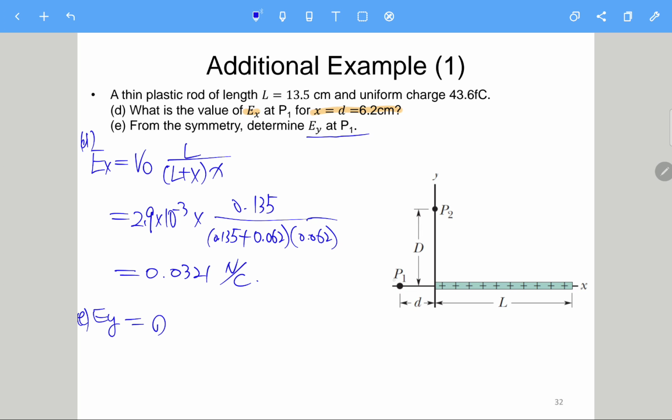You can simply imagine that there shouldn't be any y-axis component for that point, because in another way, V is only a function of x. So if you take the derivative with respect to y, which should be 0, this is actually E sub y. But actually, due to symmetry, you can already know that E sub y should be 0.